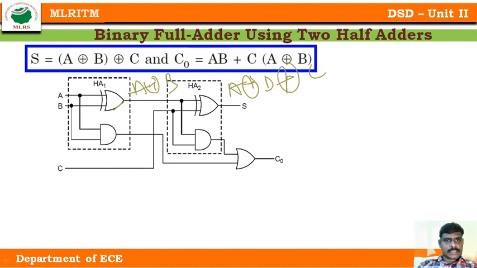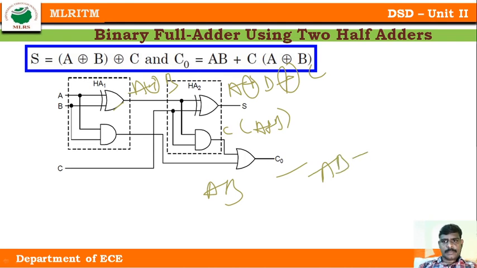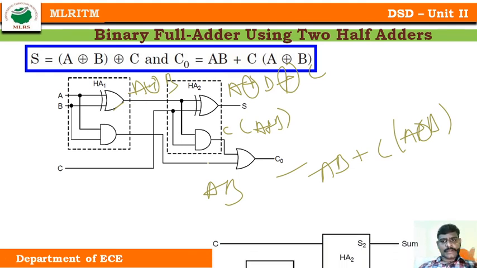Similarly I am taking AB, here I get AB, and here I am getting C, and what is here is C into A XOR B. So my output is AB plus C into A XOR B. So this is a circuit showing a full adder using two half adders.